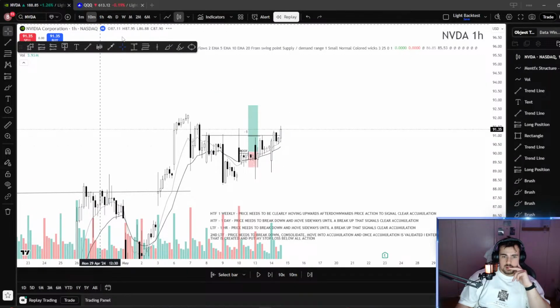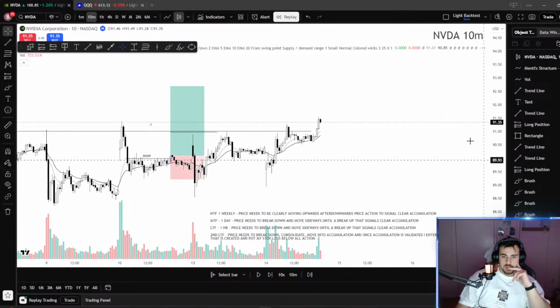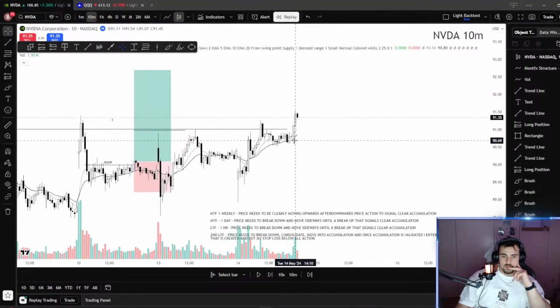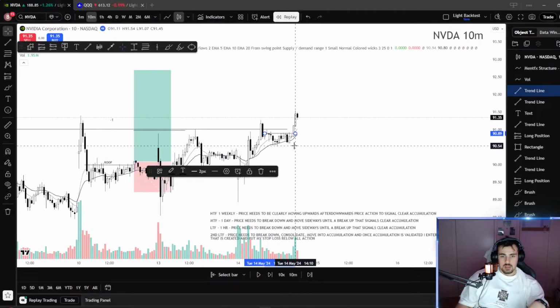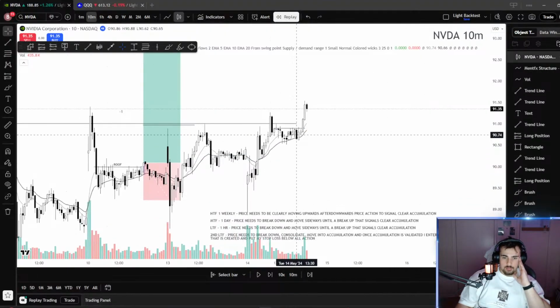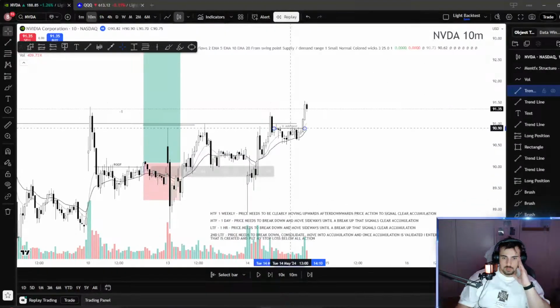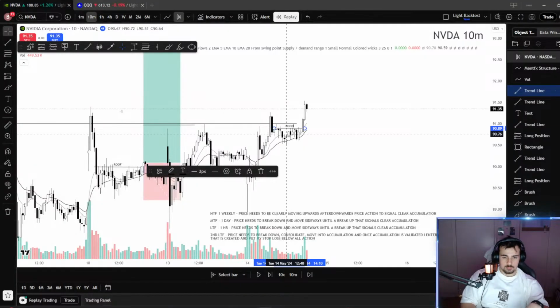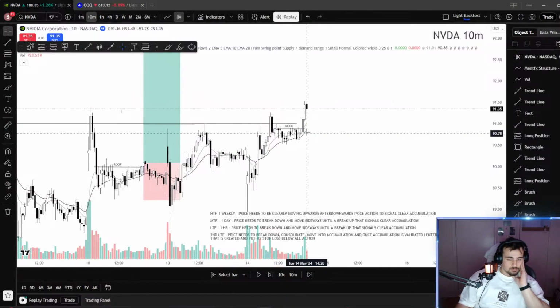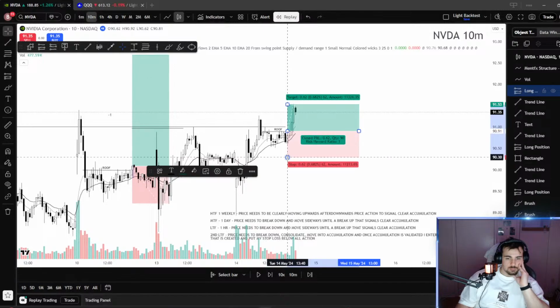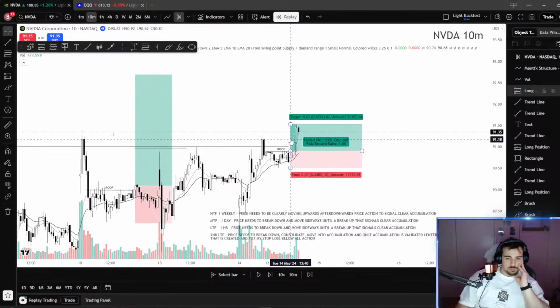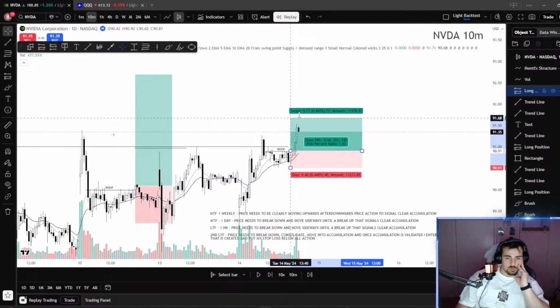And then I would go down to my 10-minute time frame and I would have entered off this candle here because this candle is the candle that broke past this roof. So it breaks past the roof and I would be break even.